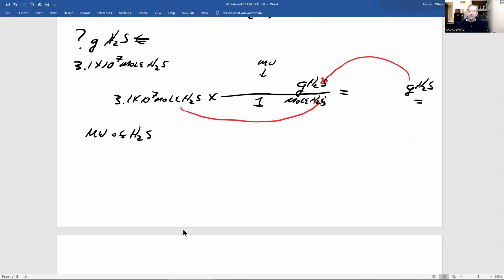hydrogen sulfide, the stinky stuff. How do you do that? Well, there's 2 hydrogen and 1 sulfur. So now I need to find the atomic weight, the 3 significant figures of hydrogen and sulfur.